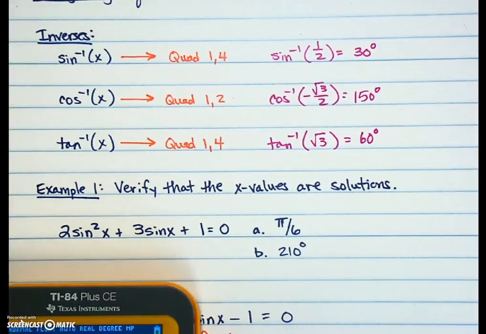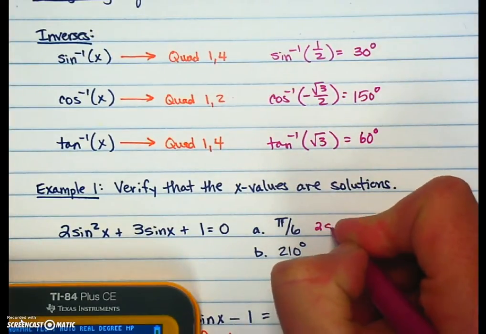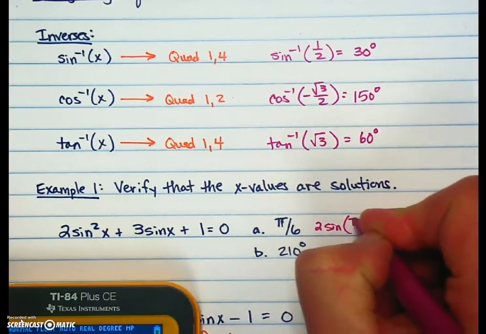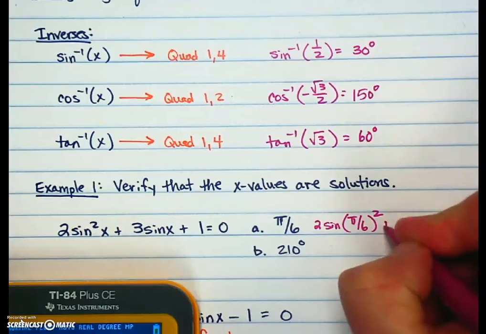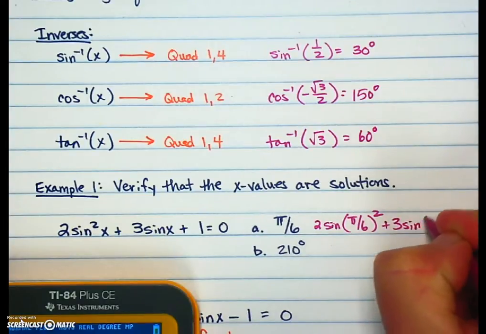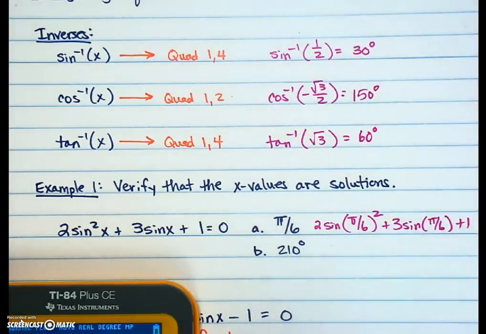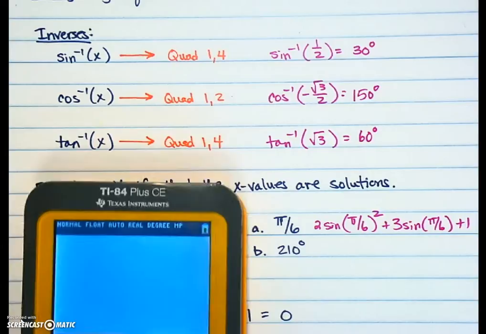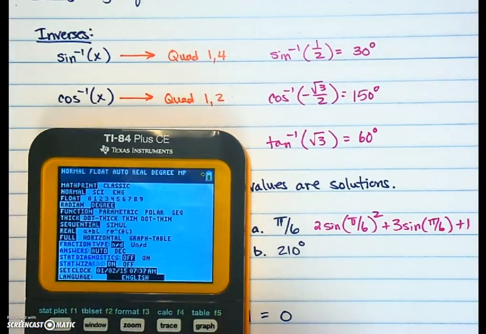For the first one, I'm going to go 2 sine of pi over 6 squared plus 3 sine of pi over 6 plus 1. When I type that in my calculator, that should come out to equal 0. The only thing you got to do here is make sure that you're in radian mode because this is a radian problem.